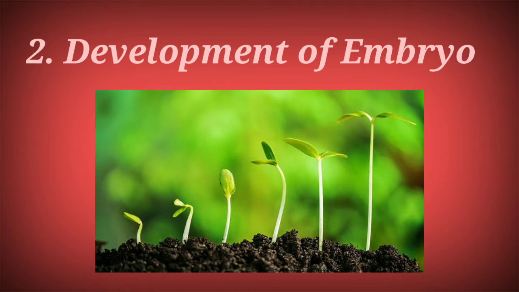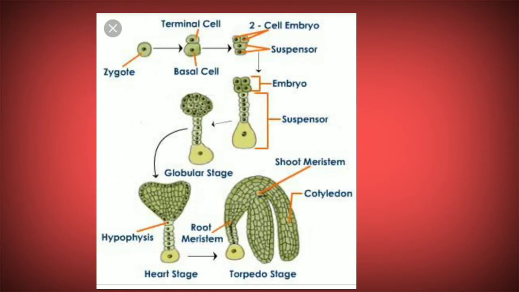So let's see how the development of the embryo takes place in flowering plants from a single cell, which is called the zygote. The development of the embryo starts with the diploid zygote. The zygote divides by parallel division, that is the periclinal division, and forms two cells.